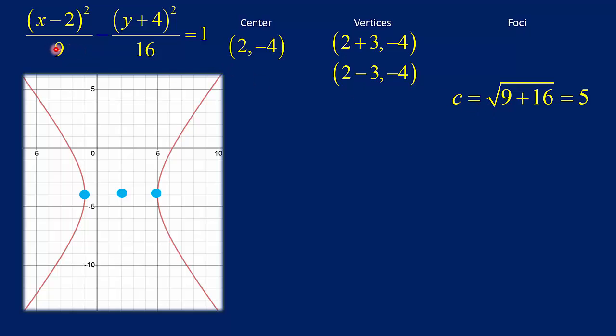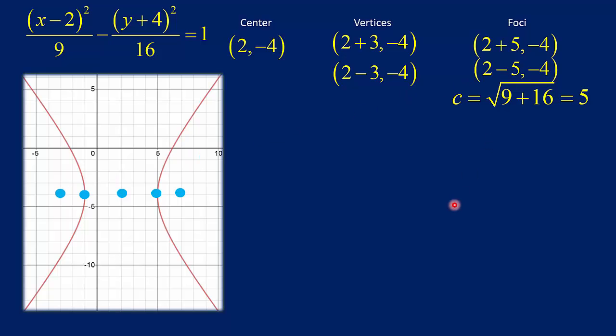We're just going to add the 9 plus the 16, whatever's on the bottom of the x squared part to what's on the bottom of the y squared part. We add those together and then take the square root. And in this case, we find that c is 5, and that's what we add to the x-coordinate to get one of the foci, and then we subtract it from the x to get the other focus.